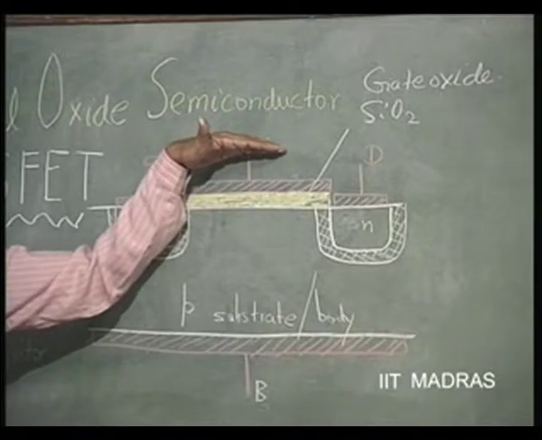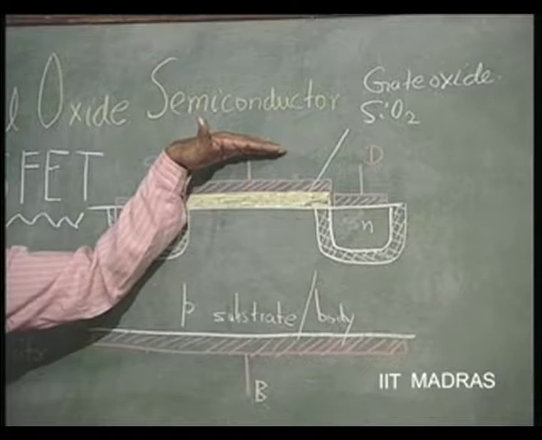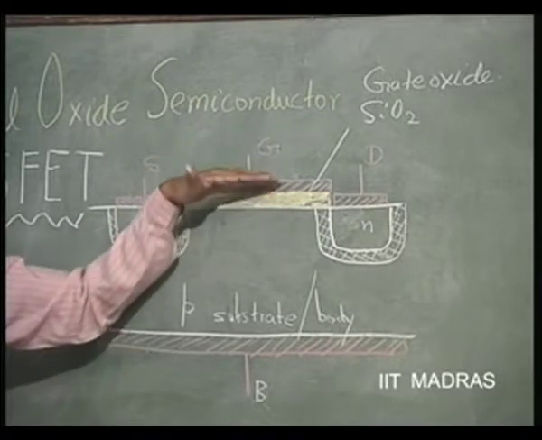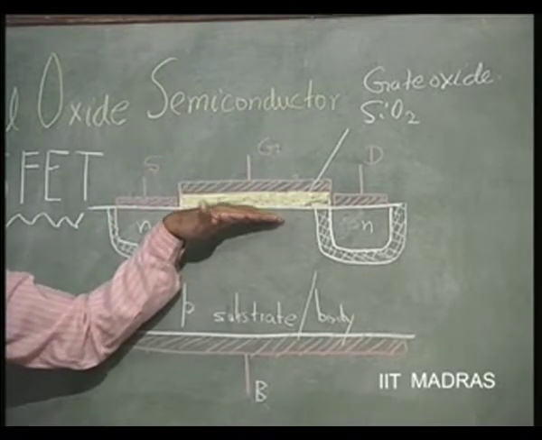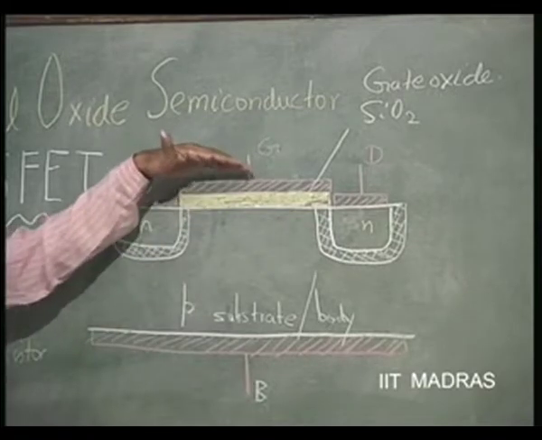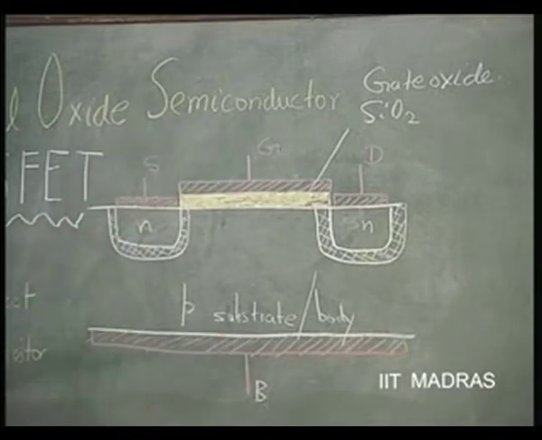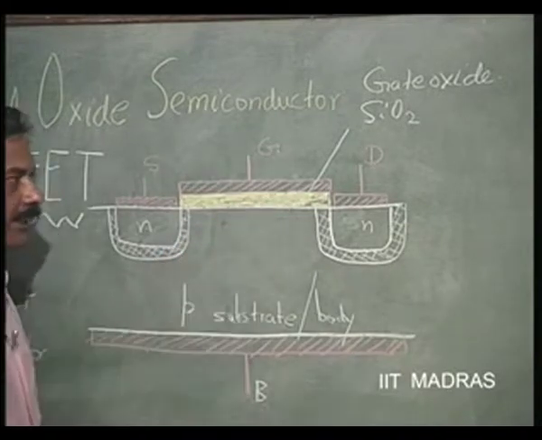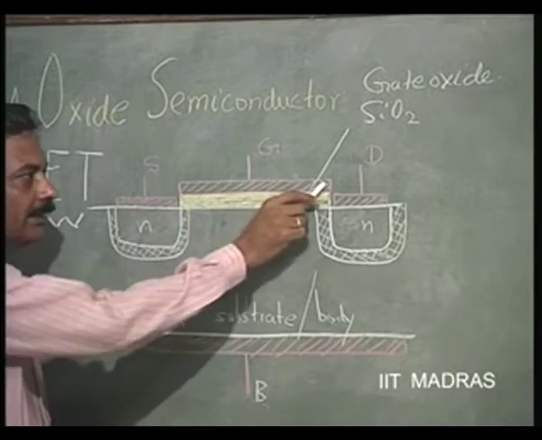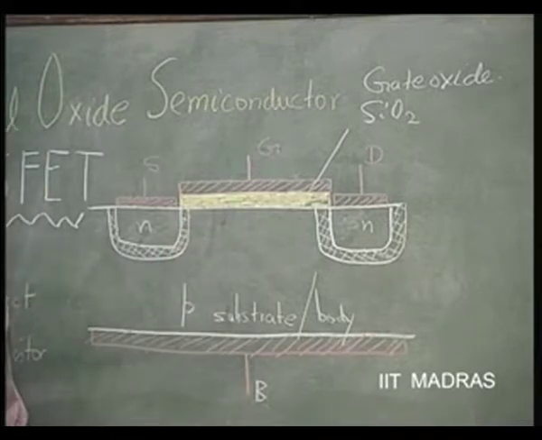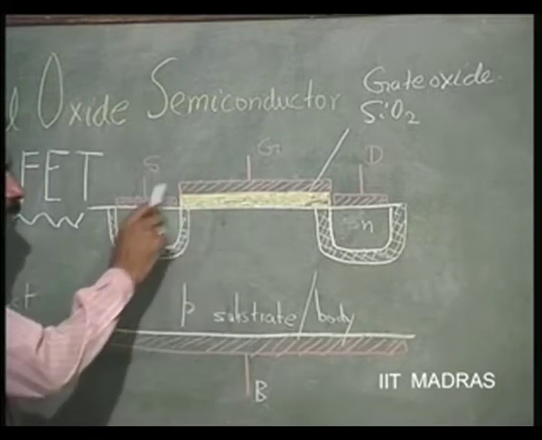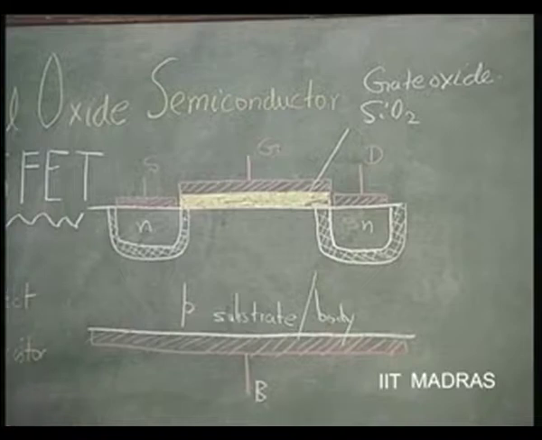So, you would like to make it as thin as possible, so that the control is good. Okay. What does the voltage applied to the gate do with respect to substrate? We will see that. So, this is a thin oxide layer over which we have the gate terminal, gate contact, aluminum again. All these red colored ones are aluminum contacts. Okay.